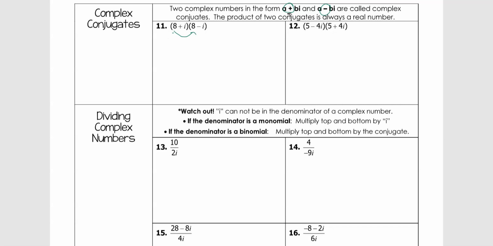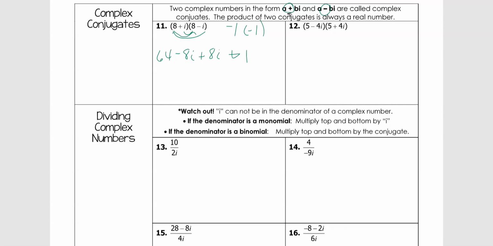So we get 8 times 8, which is 64. And we get 8 times negative i, which is negative 8i. Then we have i times 8, which is positive 8i. And then i times negative i, which is negative i squared, so negative 1 times negative 1 is positive 1.